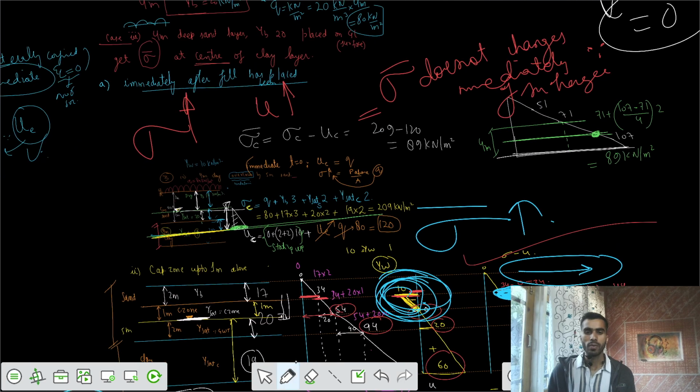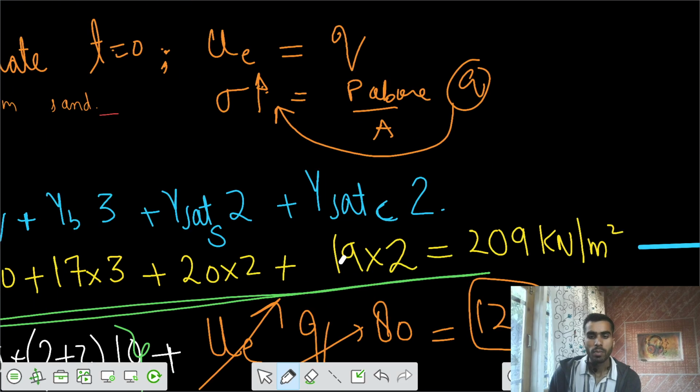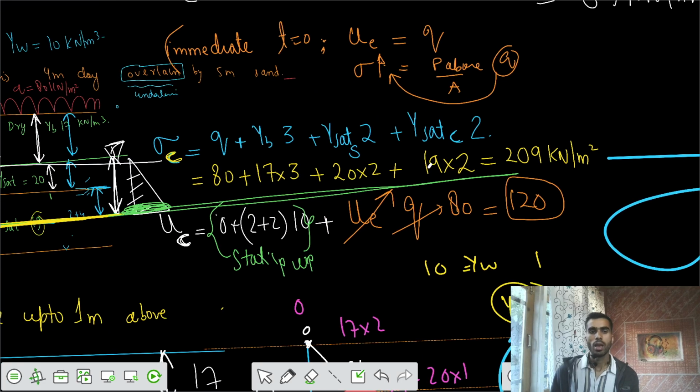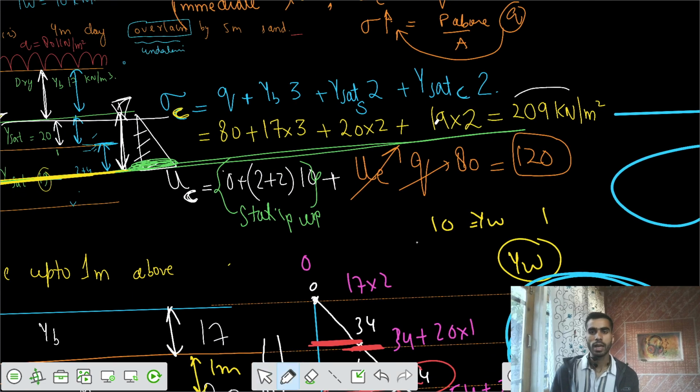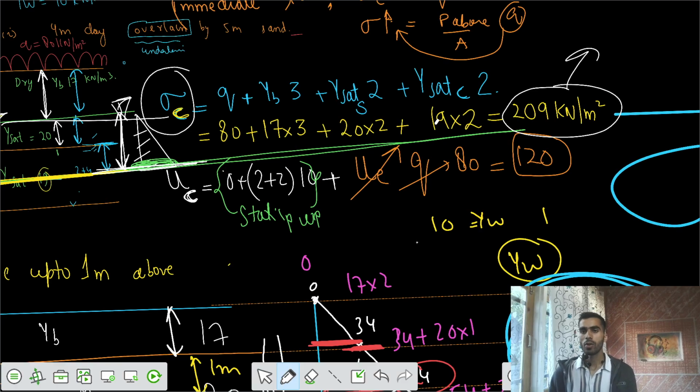If you try to compare the values of sigma initially, let me show that. If you compare this value of 209, the total stress at the center of the clay layer, with the original condition, you would see that the initial value should be 209 minus that Q value, that is 80.